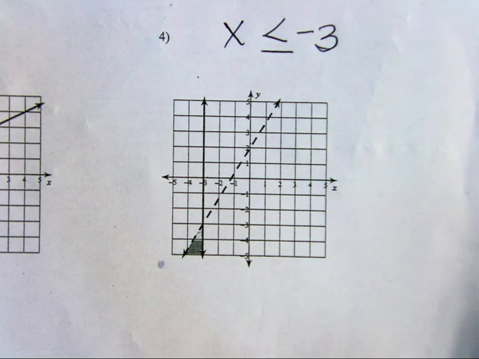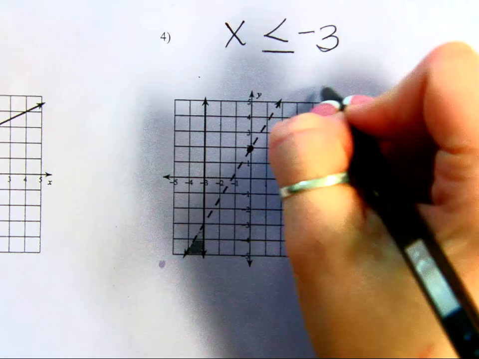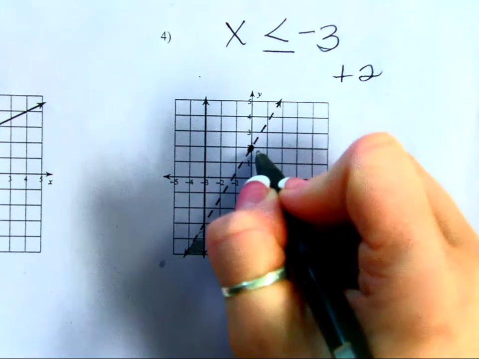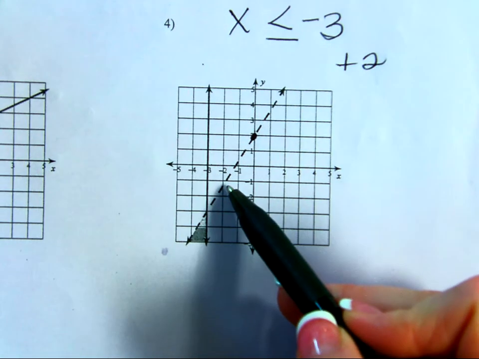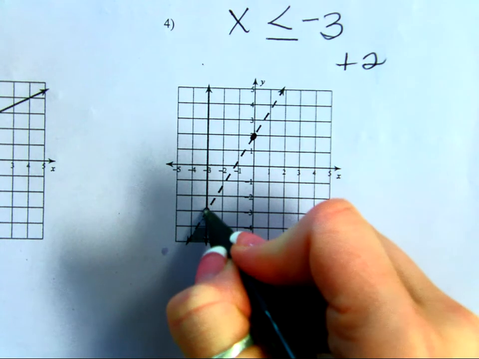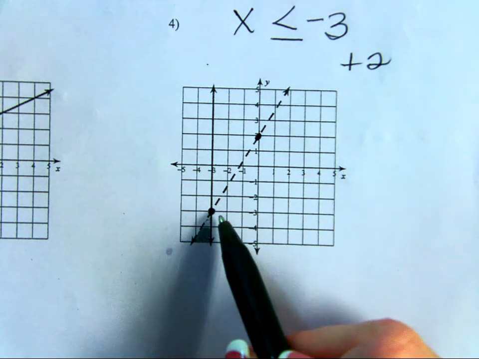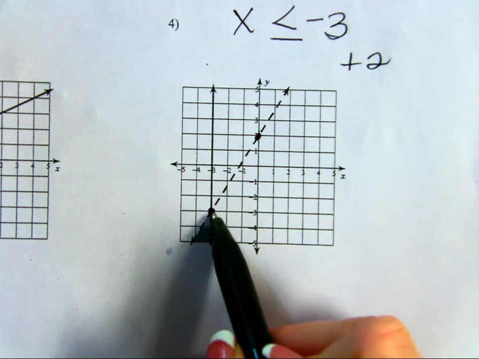Now let's do this one. +2. My slope, I'm looking for a good point. Looks like it just missed it here. But that looks like a good one, right? So now I'm going to read this up 5/3. So I started from left. Up and over is right.